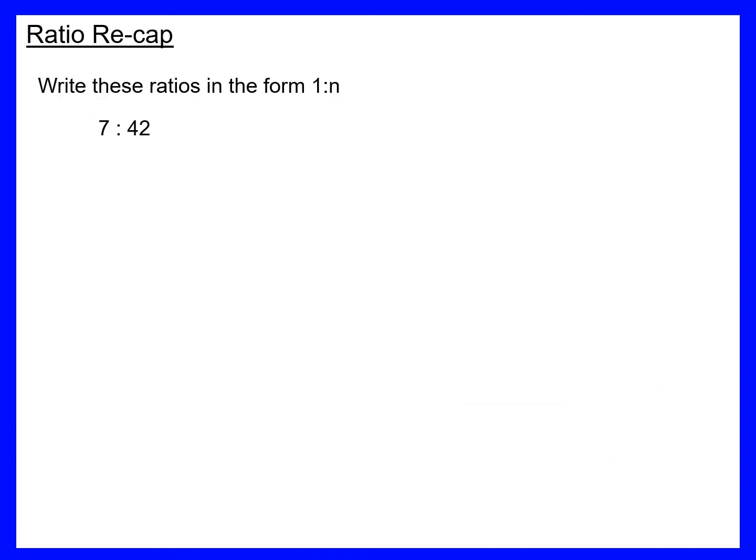Okay, so before we start then, let's just do a quick ratio recap. So checking that we can change our ratios to the form 1 to n. If we wanted it in the form 1 to n, what that's telling us is that we want underneath the 7 here to have the value of 1.